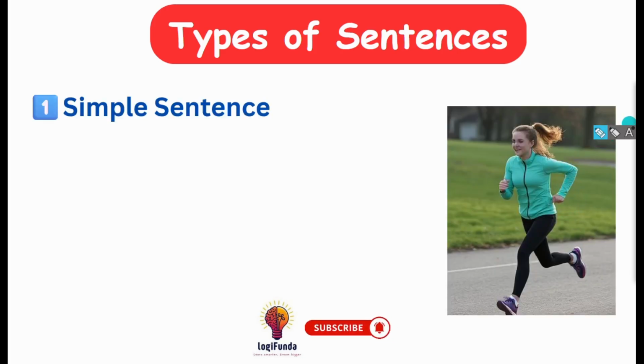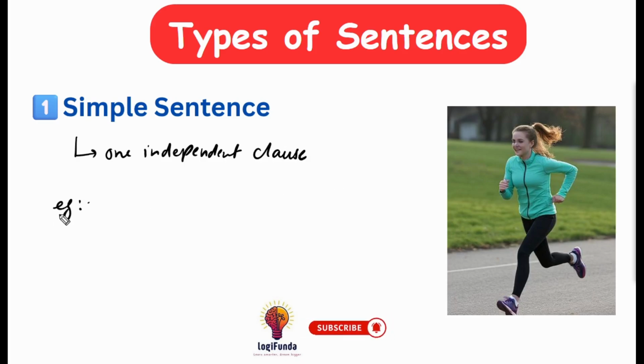Okay, in a simple sentence, how do you identify whether a particular sentence is a simple sentence or not? It only has one independent clause. Okay, for example, you can see this girl is running, right?